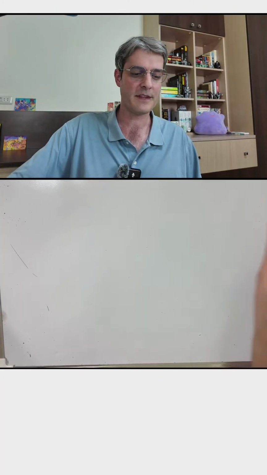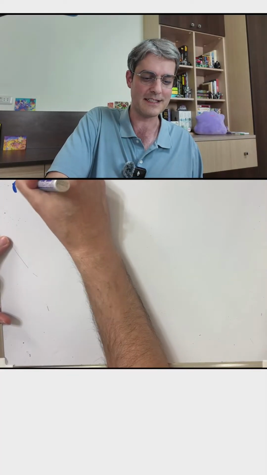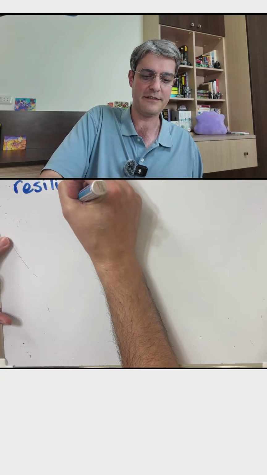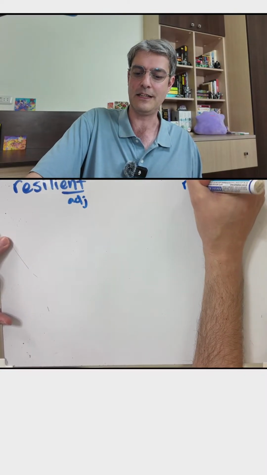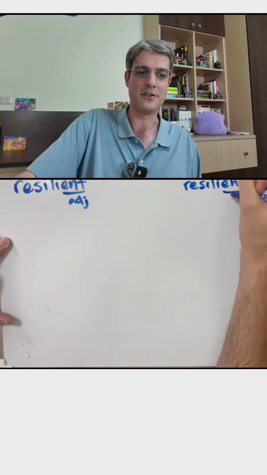And I got a few more here. Let me see. 1, 2, 3. Yeah, 3 more. So our next one is resilient. Now we're getting into more C1 stuff. Resilient, adjective. And resilience, our noun version.